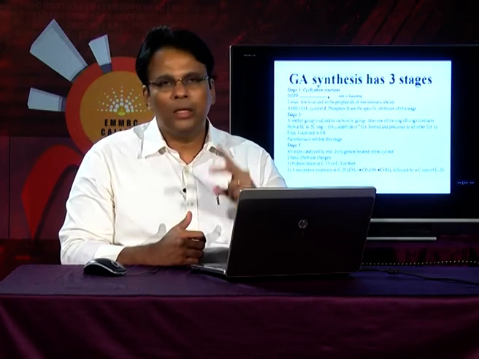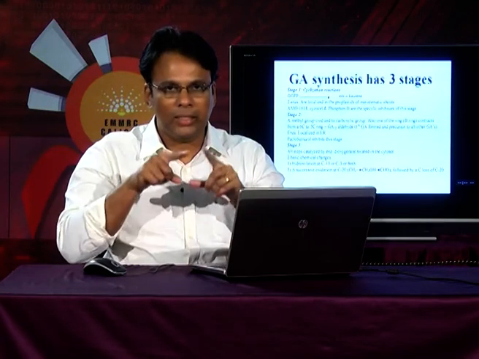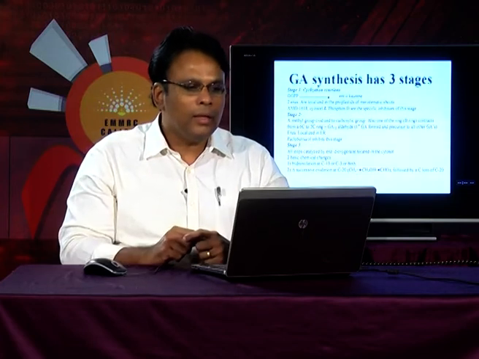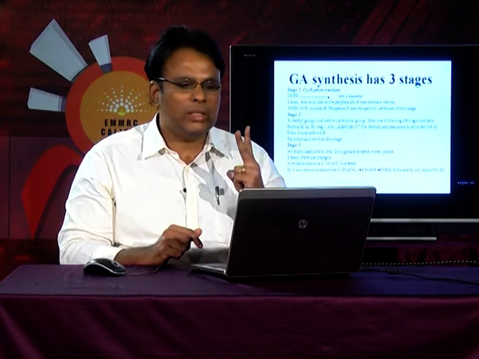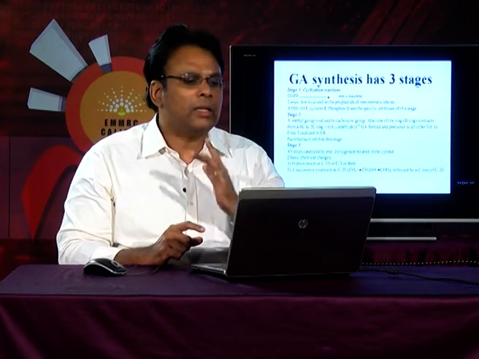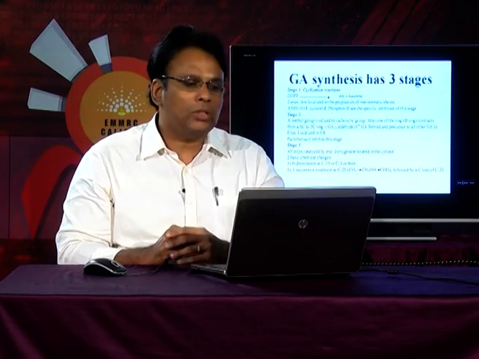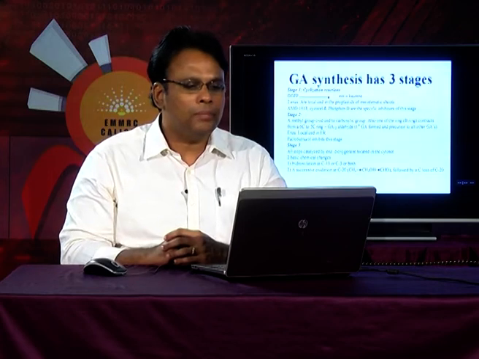Again I can repeat, stage 1 is the cyclization reaction. The long carbon 20 chain gets cyclized into different rings, and in the second stage two major changes take place. In the B ring, or the second ring, one of the carbons is lost, and from 6 carbon it converts into 5 carbon.